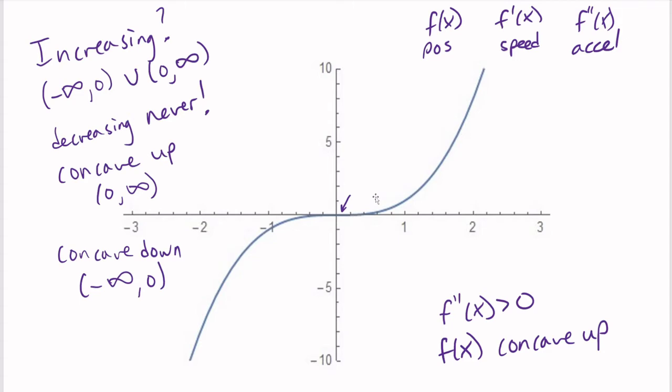The concavity instructs me how my change is changing, how my speed is changing. However you want to think about it, it's fine. So concave up, if I'm increasing and I'm concave up, then my change, my increase that we saw is actually increasing. What about over here? Well, I was concave down.